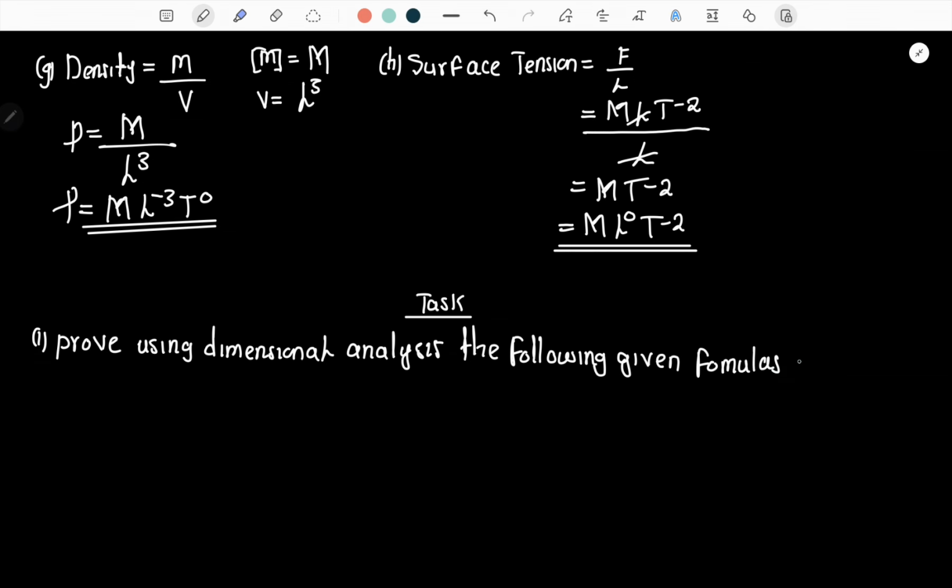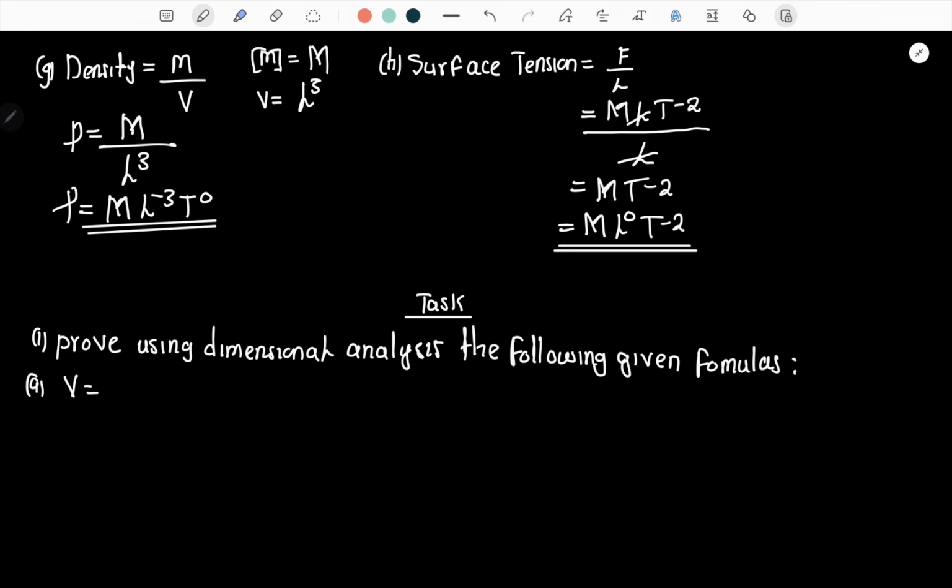So the first formula that we have is, so they want us to use dimensional analysis to prove that this formula is dimensionally correct or dimensionally incorrect. So that is the whole essence of dimensional analysis. It can help us to know whether a physical quantity holds or it does not hold.